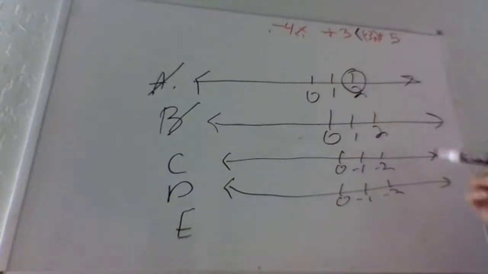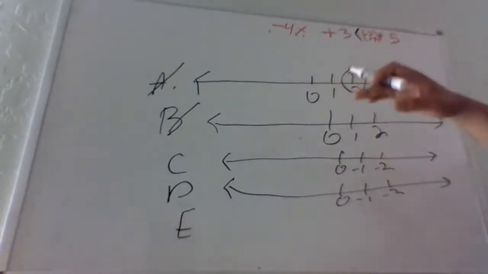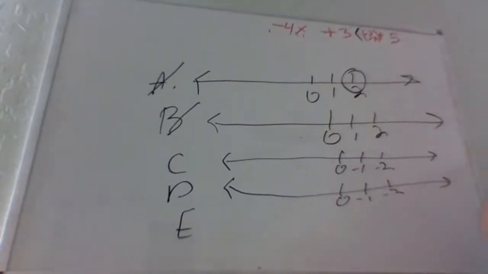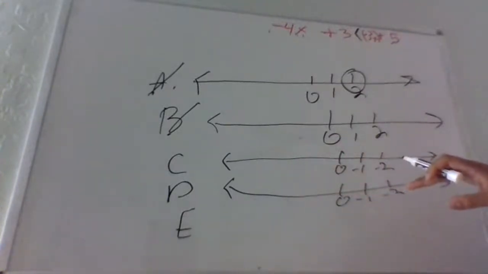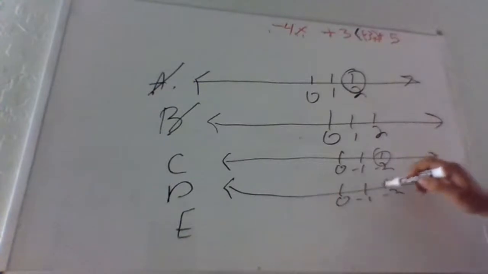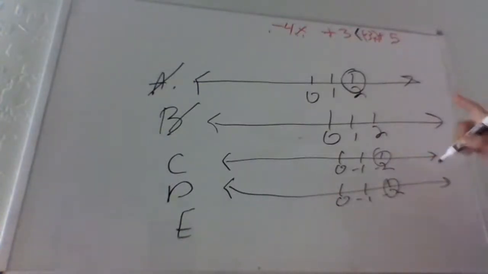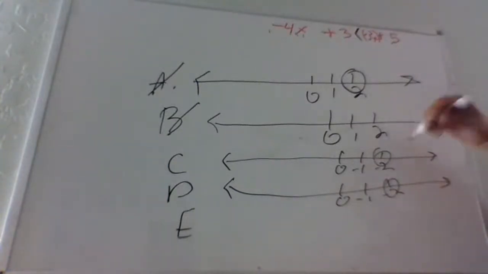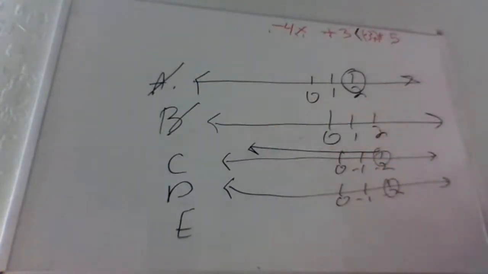We know x is greater than negative 2, so to make this true, it has to be negative 2 or higher. C and D both use negative 2, but C is saying it has to be negative 2 or below. We know that's not going to work, so it has to be D.